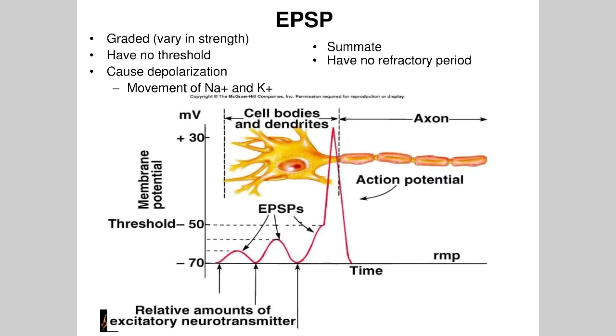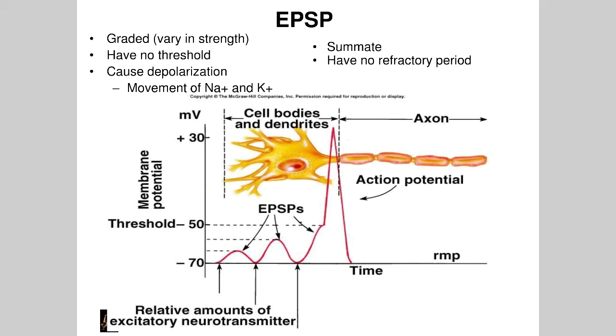So here's another way of looking at that. What is it that causes a different strength in the potential? Let's really understand this with our EPSPs first, our excitatory postsynaptic potentials. Remember, they occur on the dendrites or the cell body, and that's what you see in the picture there. If you look down below the dendrites or the cell body, you can see a stimulus is coming in, and that stimulus is in the form of amounts of excitatory neurotransmitter.